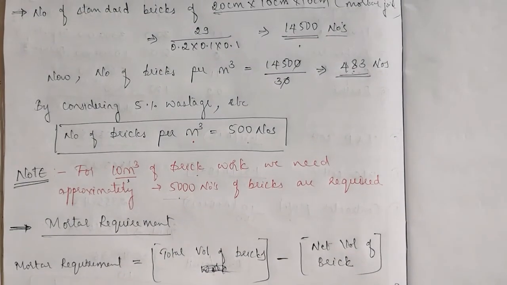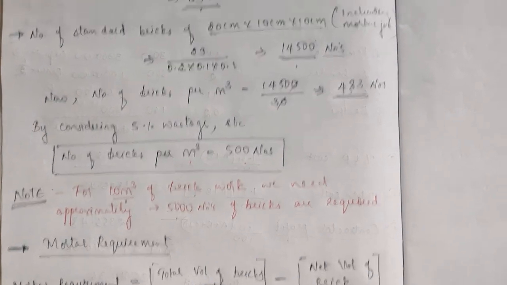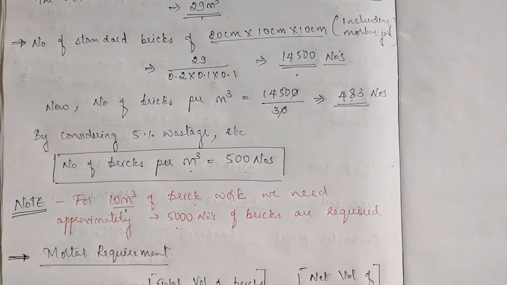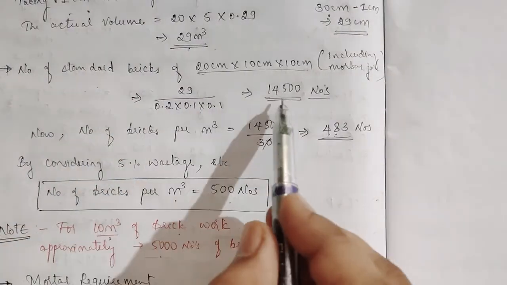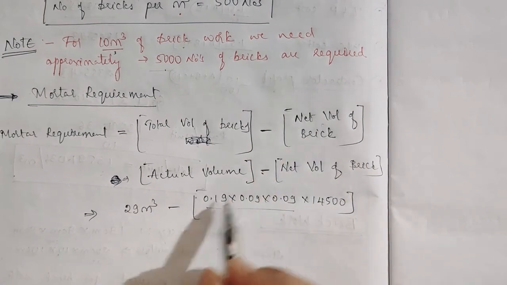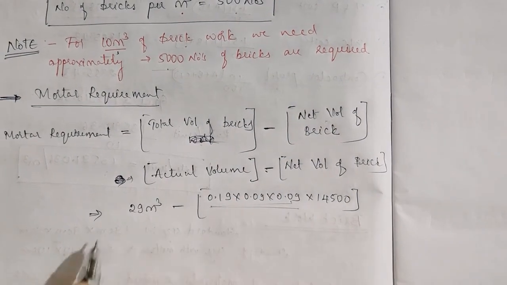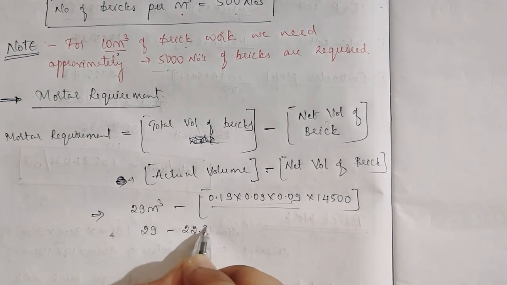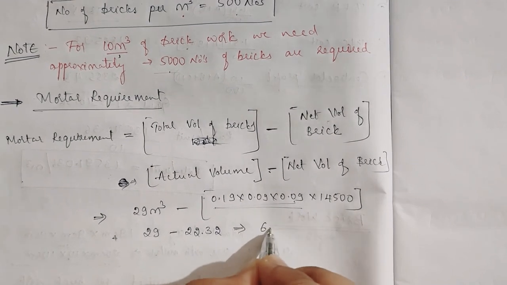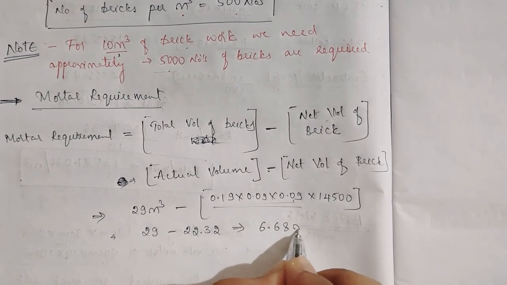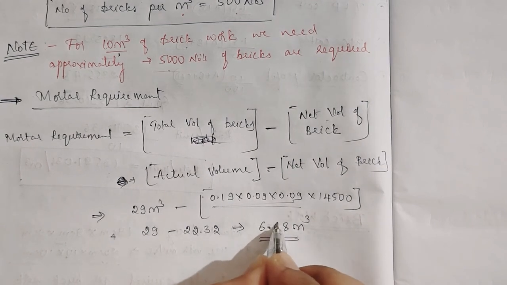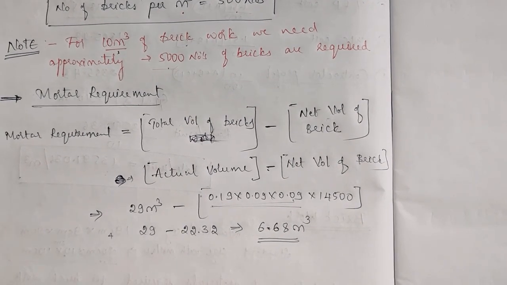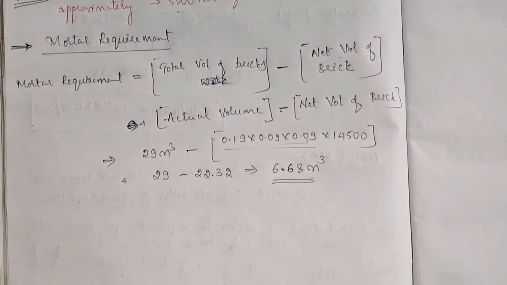So we calculated the number of standard bricks, 14,500, right? We multiply this number with the net volume of the brick. So what I'll get? 29 minus 22.32. It will fetch me 6.68 meter cube of mortar requirement we need for the brickwork.